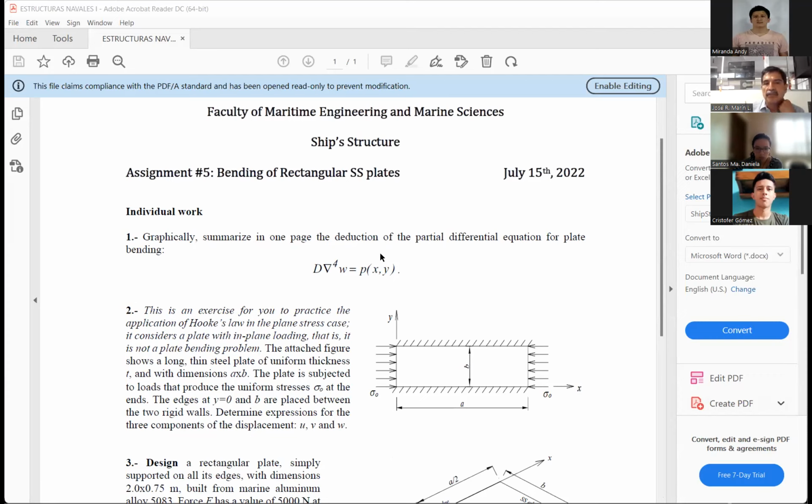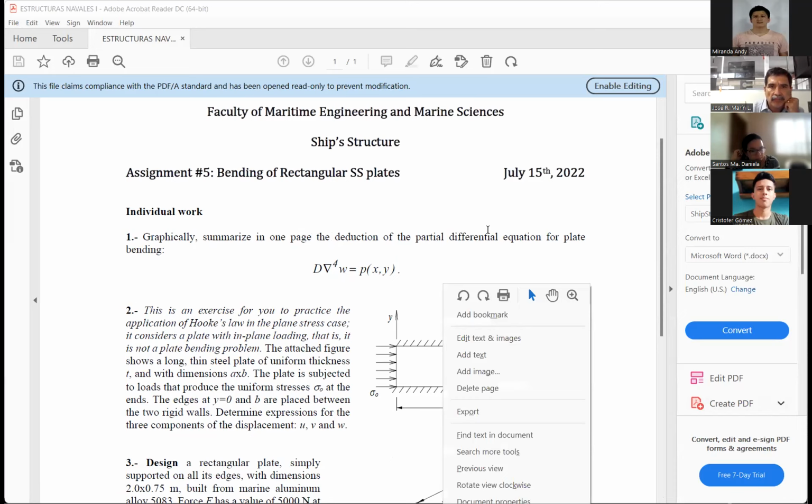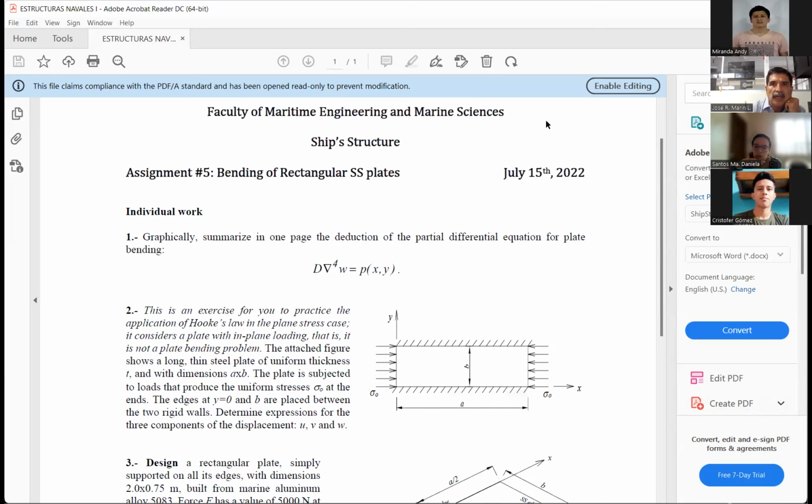Okay, so in the first problem, what I want from you is to review the deduction of this equation, and then I want you to, what can I say, to do a summary of that, but instead of giving me an explanation and all of that, try to use graphics, right?